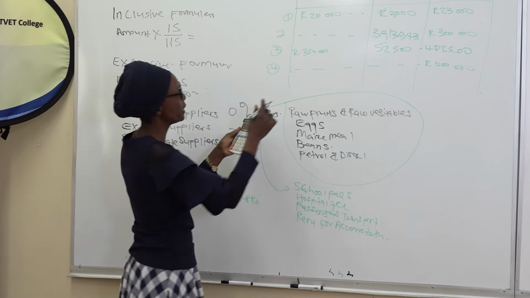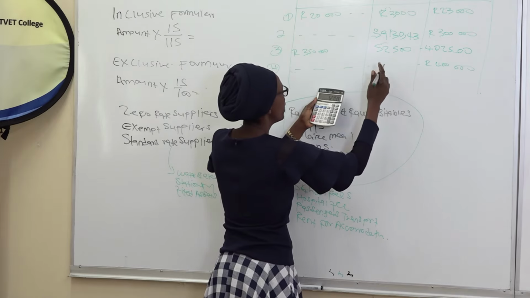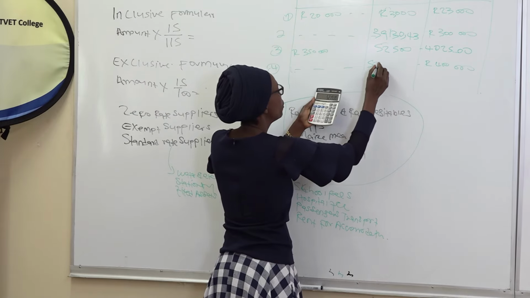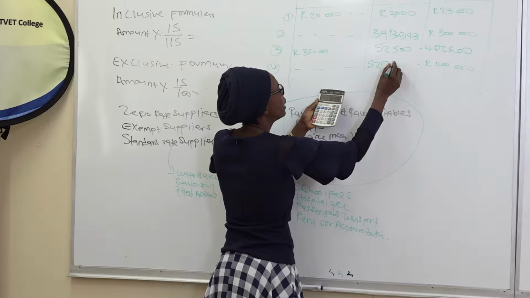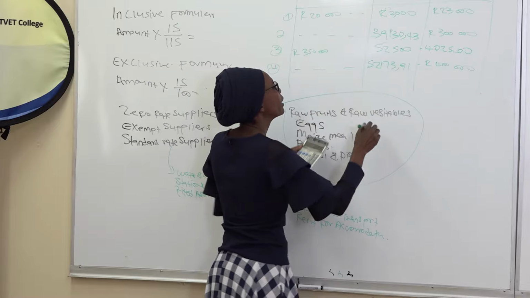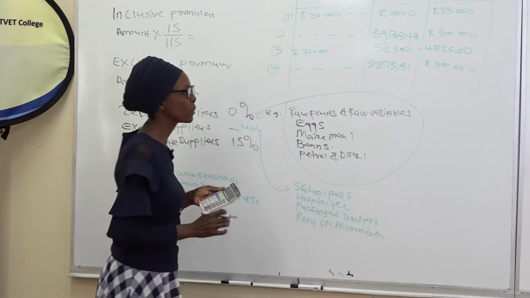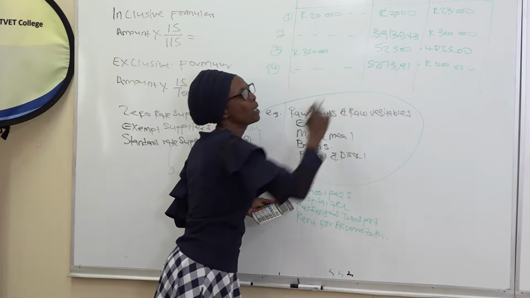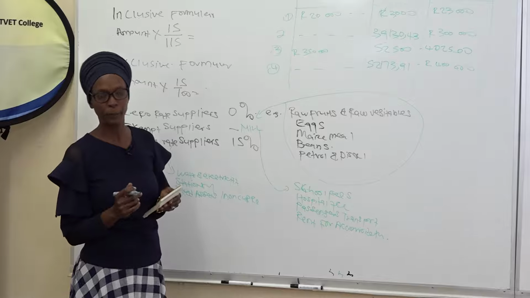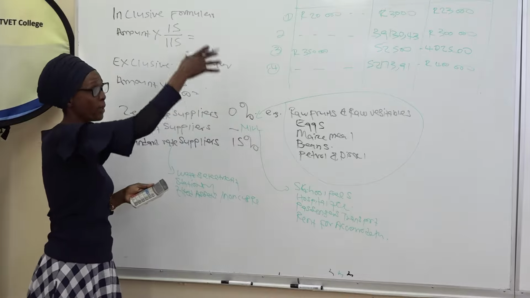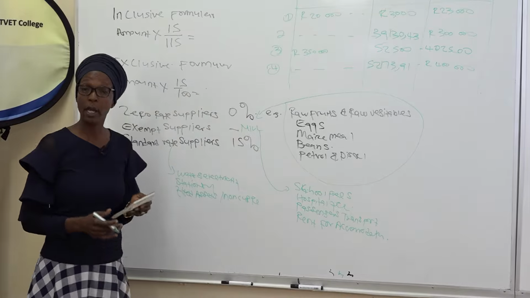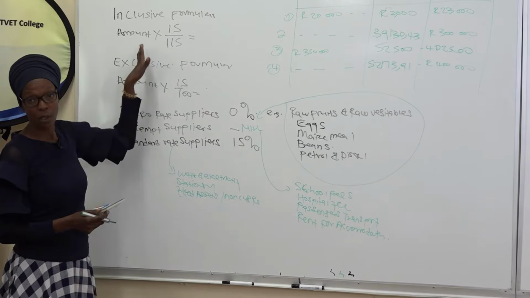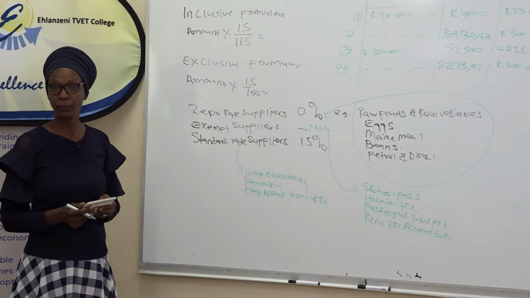Then our VAT, or value added tax, will be 52,173.91. If you want to calculate the exclusive amount, you can subtract the VAT from the inclusive amount. Our main aim here was to calculate the VAT using those formulas.